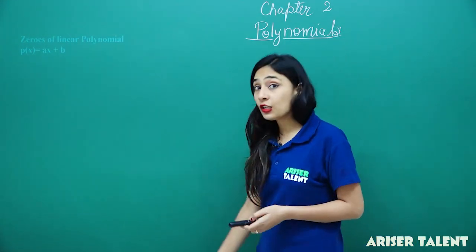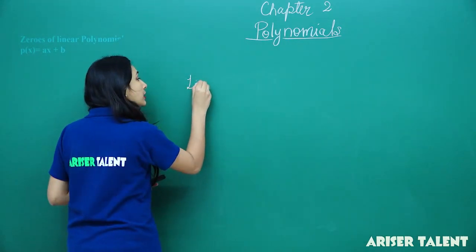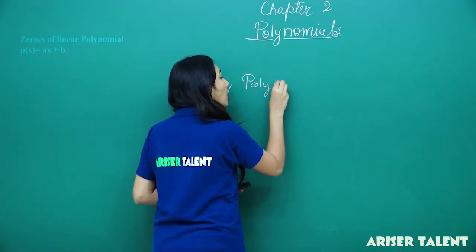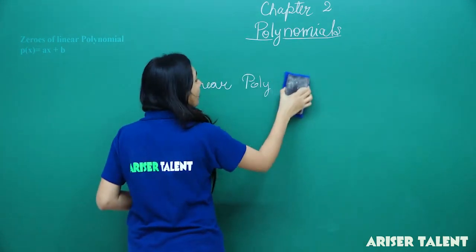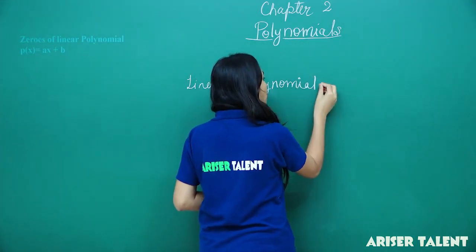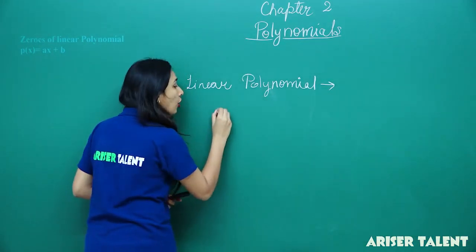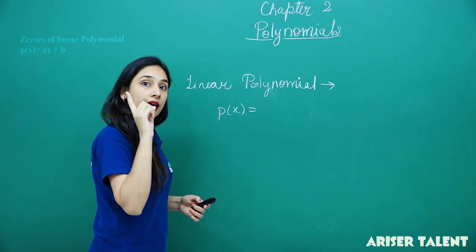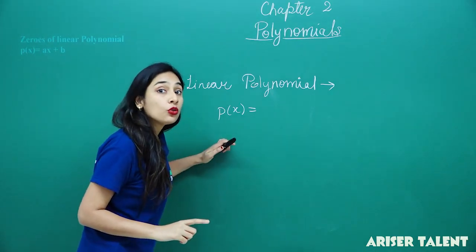Zeros of linear polynomial. Now what is linear polynomial? I have told you in your previous lecture about linear polynomial, right students? So if a polynomial has highest degree equal to 1, then this is known as a linear polynomial.